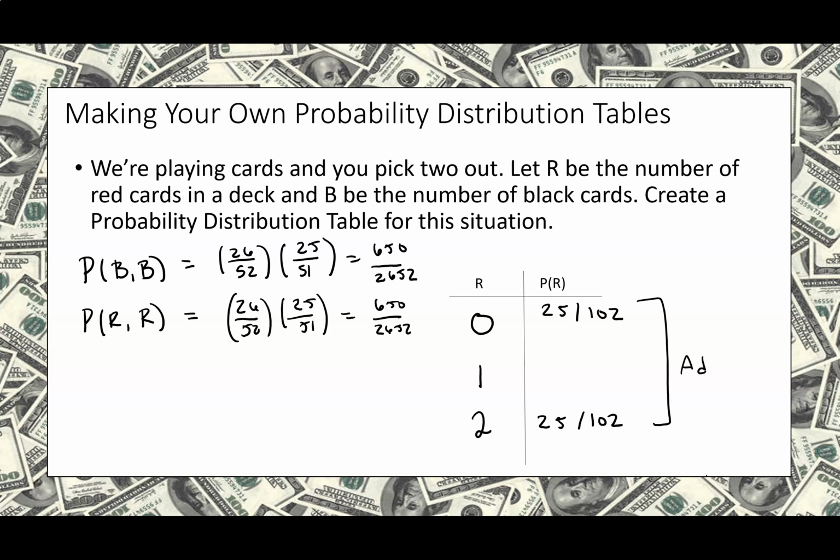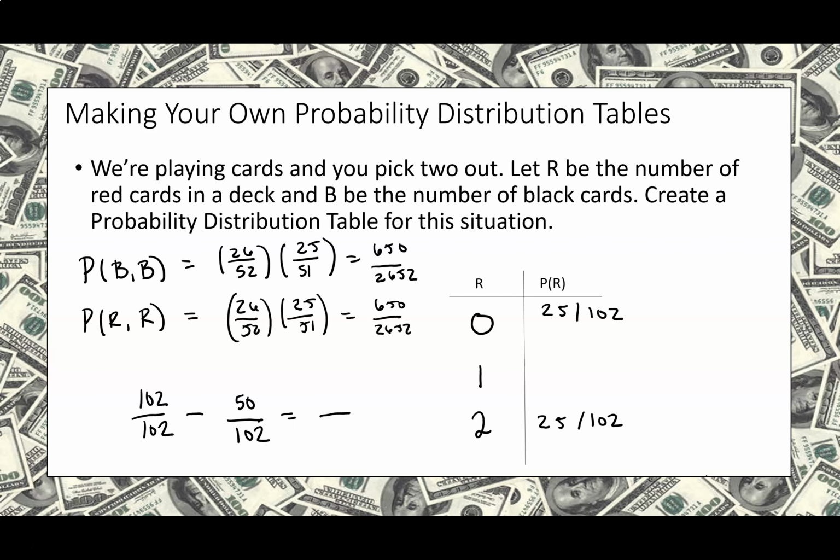And I believe that that's a lot easier if you are good at fractions. So let's add these 2. 25 plus 25 is clearly 50. They've already got a common denominator of 102. So that's what I get when I add those fractions, and I'm going to subtract them from 1. Well, how can I rewrite 1? I can write it as 102 over 102.